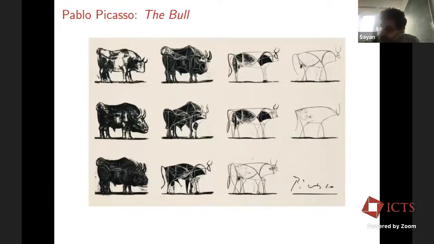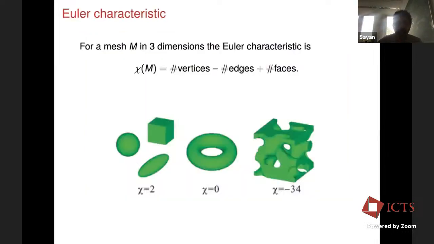So I'm showing you a picture, and this is Pablo Picasso. The point of this picture is that sometimes abstraction helps us, and it gives us what might be the base structure of what we think about. Okay, so the Euler characteristic for meshes is very simple.